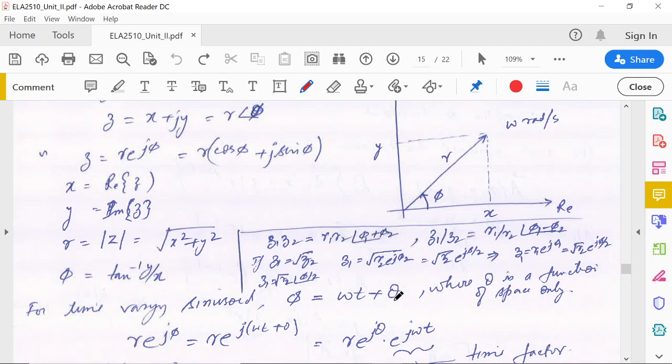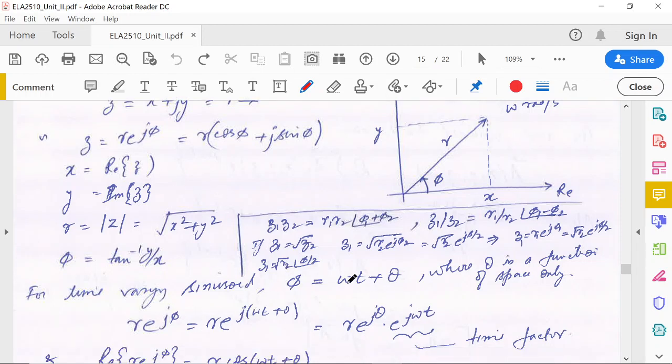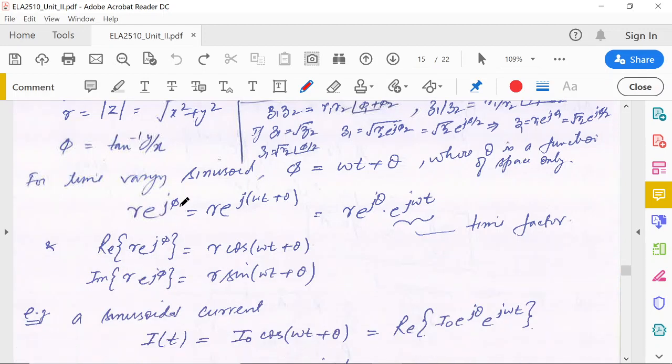It is independent of time. By making phi equal to omega t plus theta, a function of time, this complex sinusoid will become a time varying sinusoid. Putting phi equals omega t plus theta gives r e to the power j phi equals r e to the power j omega t plus theta, and you can separate it out. It will become r e to the power j theta and e to the power j omega t. This is the time factor, and this is the factor which depends only on space.